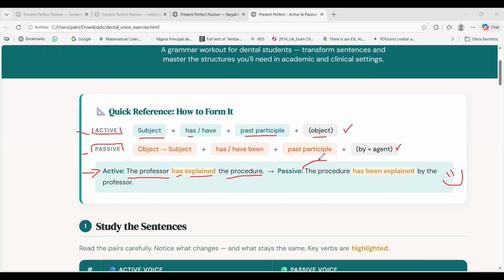So the procedure has been explained by the professor. The last part is optional. If you say, I would like to mention the original performer, or simply you take it out.